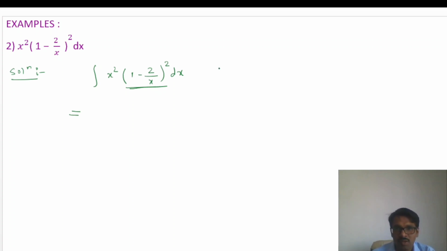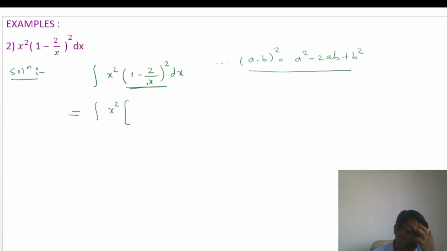We know the formula. What is the formula? A minus b bracket square is a square minus 2ab plus b square. Using this formula in this example, what is the expansion of 1 minus 2 upon x bracket square?